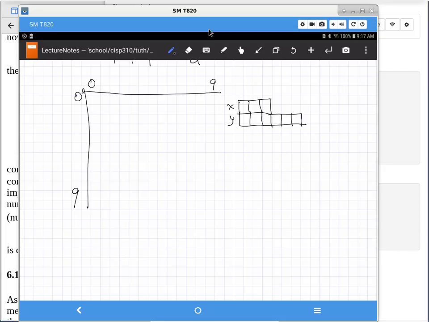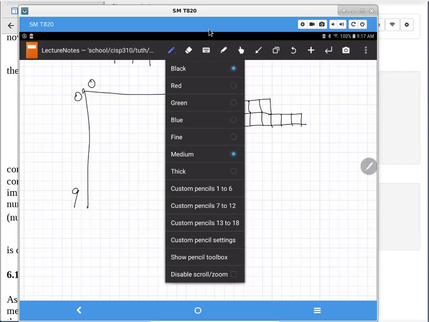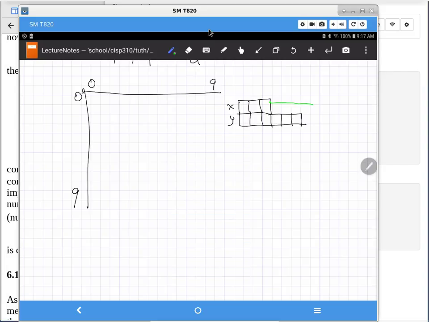So after you borrow 10, how much do you have? I'm going to use a different color to indicate the amount that we borrowed. Let's pick green. 1, 2, 3, 4, 5. 1, 2, 3, 4, 5. So the green part represents the amount that you're borrowing. Suddenly you have 13.